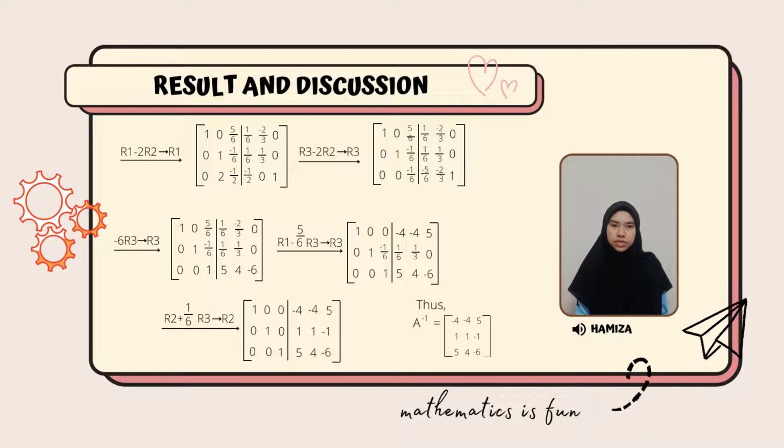Then row 3 minus 2 row 2 and multiply row 3 by negative 6. Next, we subtract 5 over 6 row 3 from row 1. Last, we add 1 over 6 row 3 to row 2. Thus, our inverse matrix A is negative 4, negative 4, 5, 1, 1, negative 1, 5, 4 and negative 6.